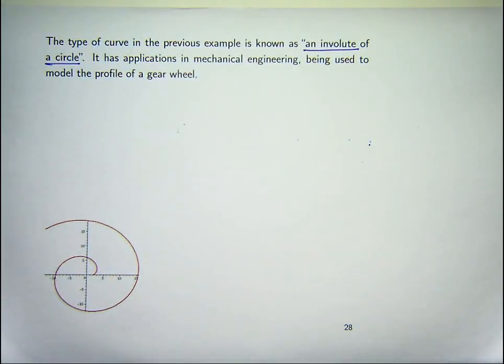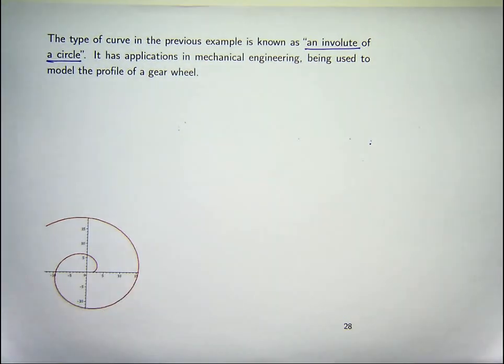One of the motivations for studying these kinds of curves and these vector functions arises in mechanical engineering. This curve is being used to model the profile of a gear wheel. If you want to look up a little bit more on that, there are a few YouTube videos and Wikipedia, where you can get more information about how this is done.